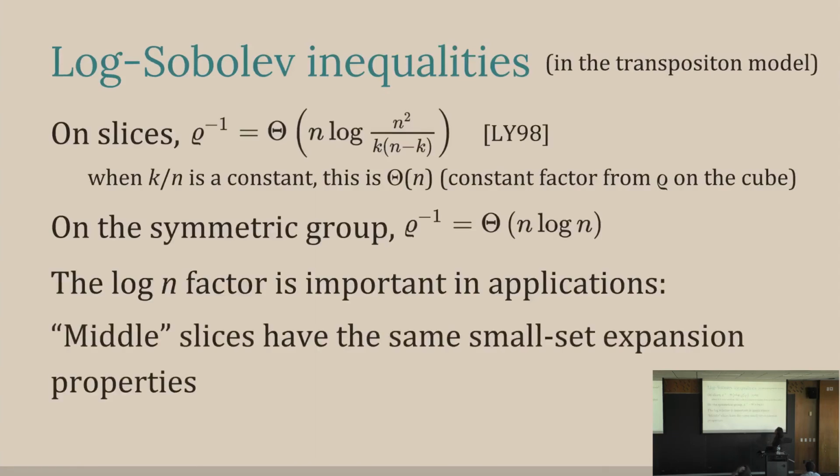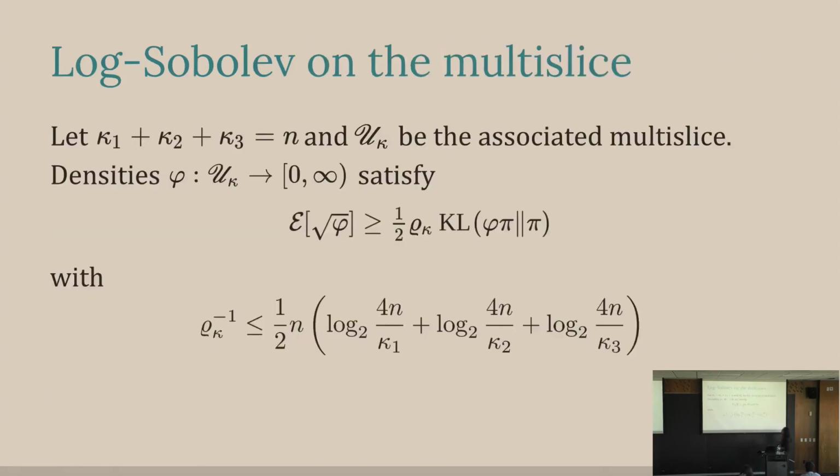It turns out that we show that a multi-slice is going to satisfy something that looks more like the slice than the symmetric group, because if you take the inverse log-Sobolev constant and you imagine all the n over k's to be constant, then this is basically theta of n.